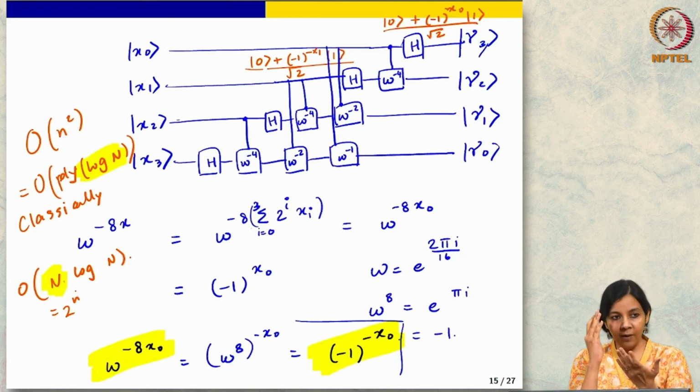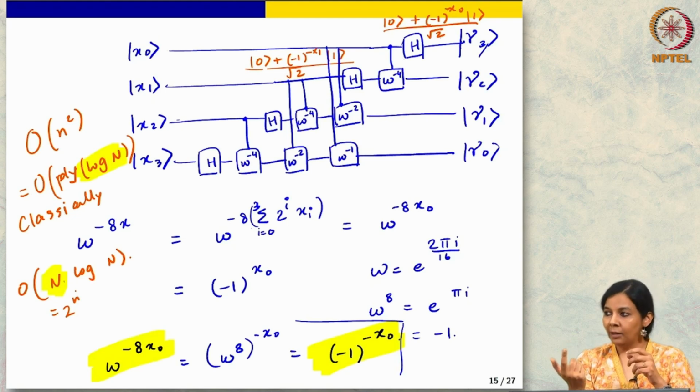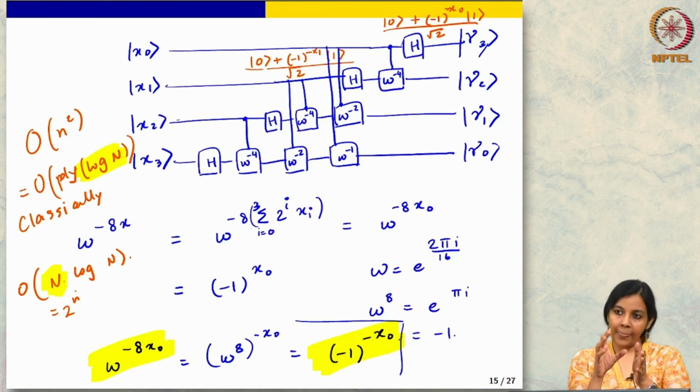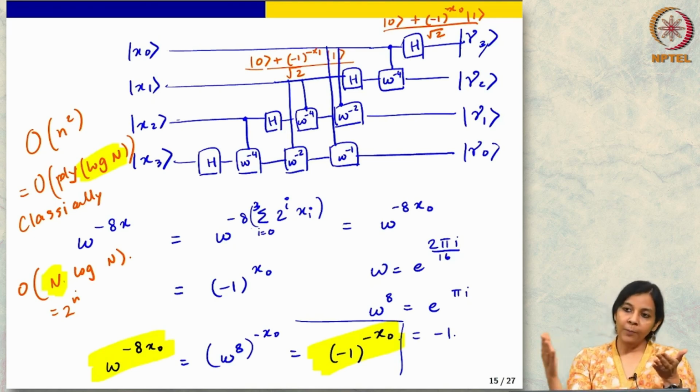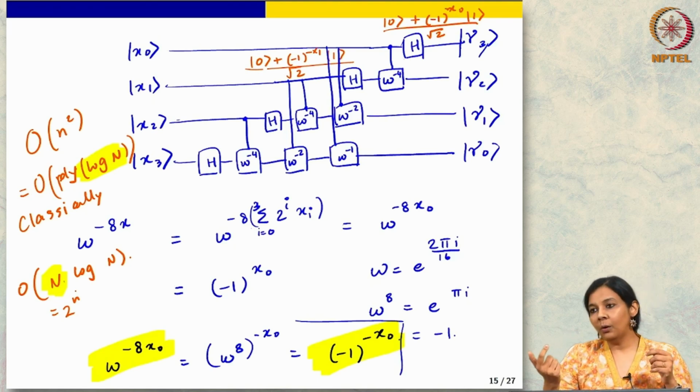So, now when we measure the second register, right, we are basically collapsing down to one color. So, now the input register will collapse to a superposition of points which are separated by this period, right. And now what will we do now?